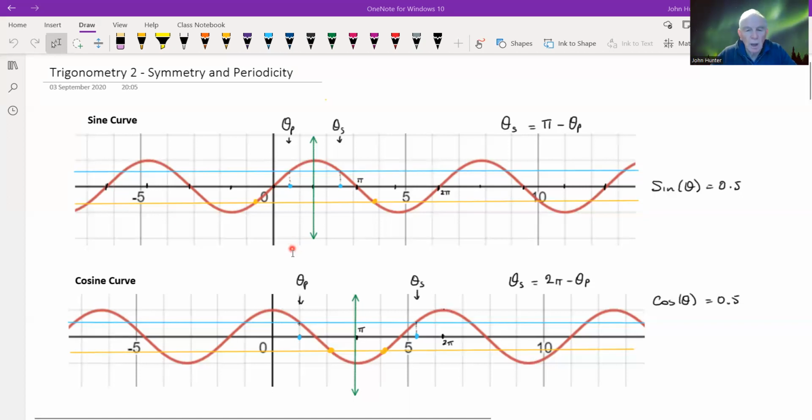Okay, so how do we go about finding them all? Well, first of all, we can find the other main candidates using the symmetry.